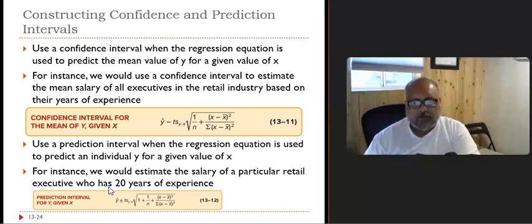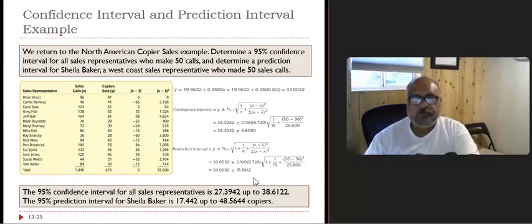The other scenario is estimating the salary of a particular retail executive who has 20 years of experience. Now we are trying to do a prediction, so we use the relationship given in equation 13-12. And with the example that we have been following, we can use that to actually solve the real example.